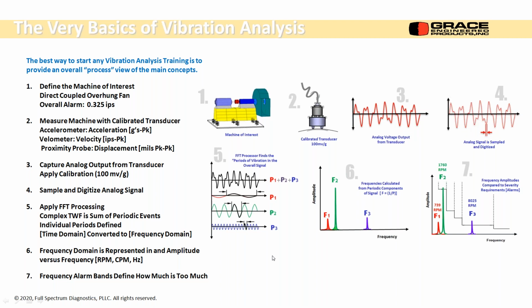Then we pump that into an FFT processor, a fast Fourier processor. Fast Fourier is a way of extracting the periodic events in the time waveform. So you have that complicated waveform, and below it there are several more simple waveforms. It's a combination of sinusoids, and the processor does that for you.